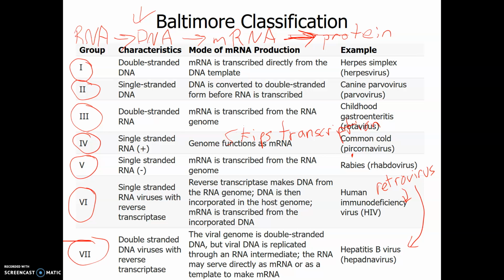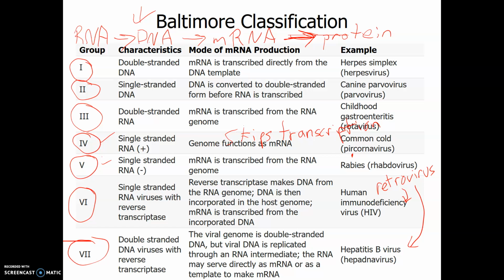So how does this work? The viral genome is double-stranded DNA, but the viral DNA is replicated through an RNA intermediate. The RNA may serve directly as messenger RNA or as a template to make messenger RNA. So this is a very complex process. The viral DNA is replicated through an RNA intermediate and then basically works like group 4 or group 5.